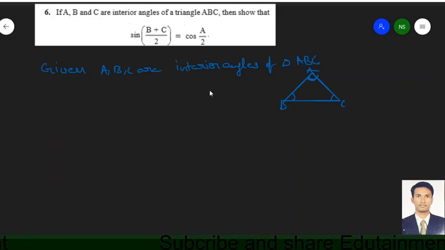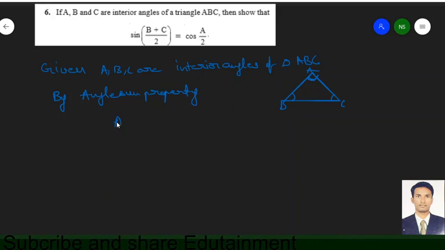If those are the angles, then by the angle sum property, the sum of all angles in a triangle is 180. A plus B plus C equals 180 degrees. We have B plus C separately. I will keep B plus C on the left hand side only and transpose A to the other side.